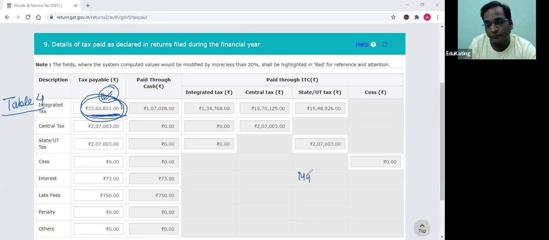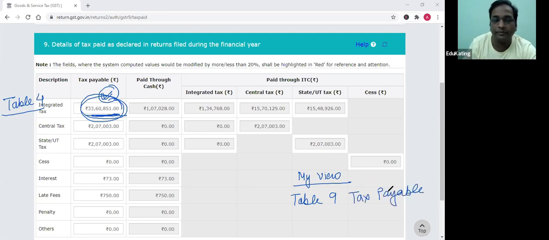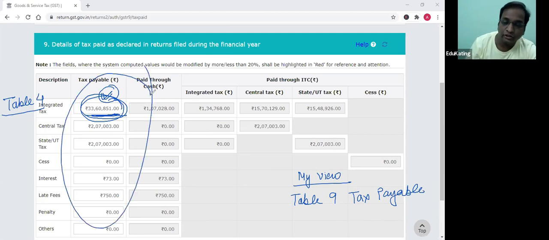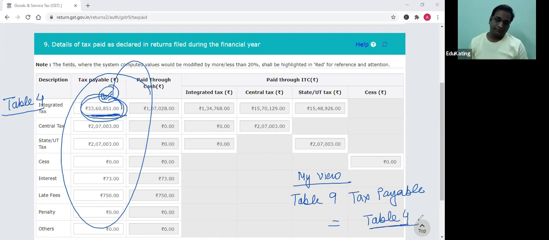My view: the table 9 tax payable column, I'm talking about this, should be equal to the table 4 tax liability. Therefore, I had to reduce the amount of 1 crore from the tax payable.